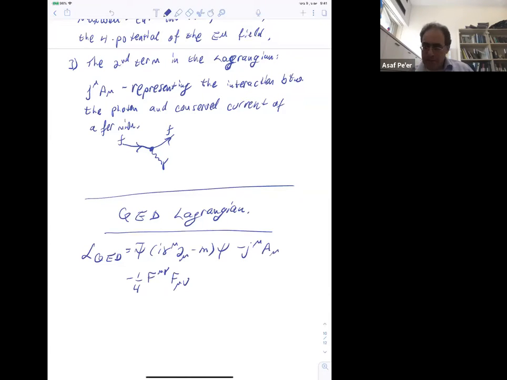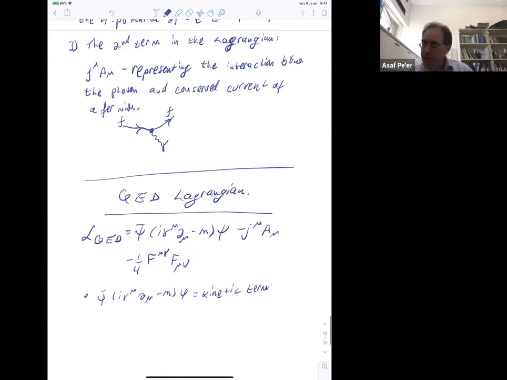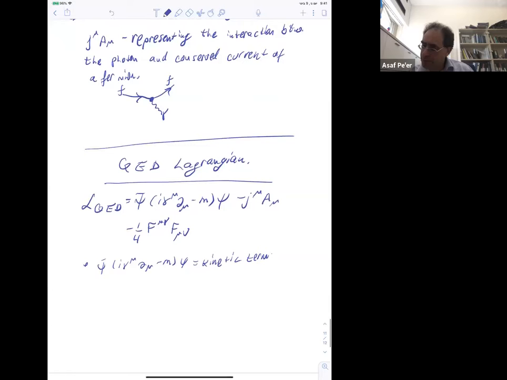So the first term, psi bar (i gamma^mu d_mu minus m) psi, is the kinetic term. This is propagation of the free fermion. And remember how we got that?